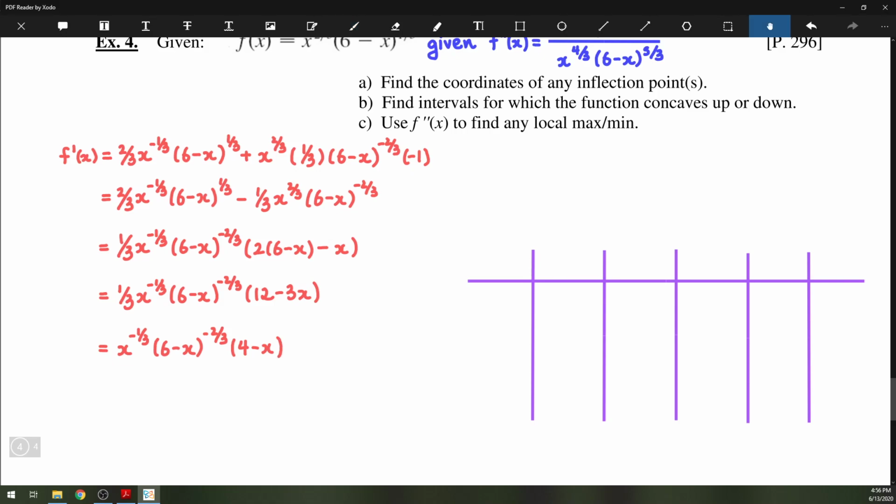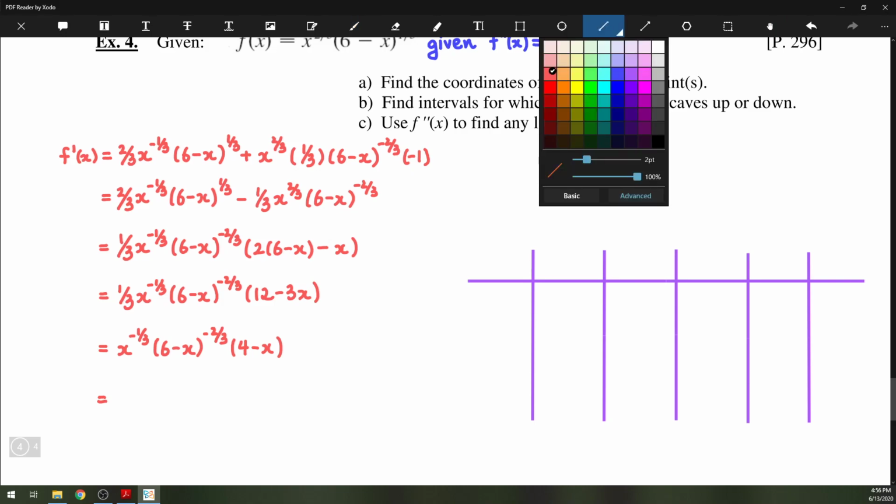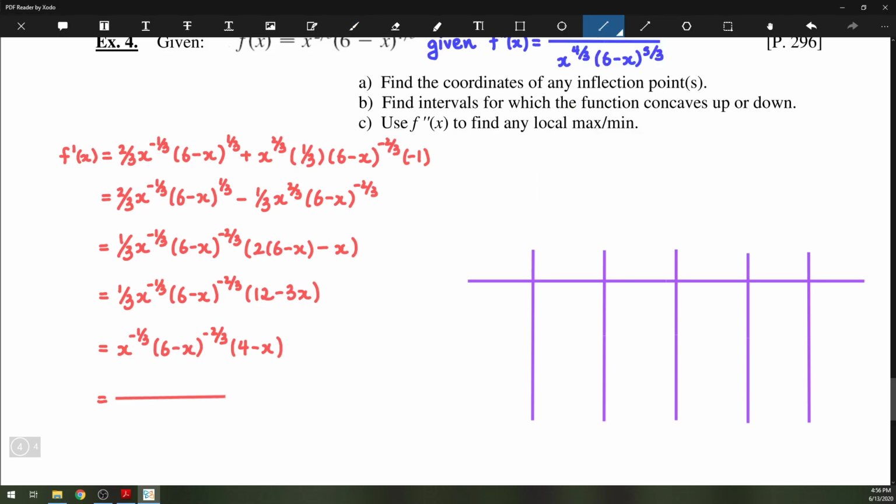Okay, now generally we can write a derivative like this with no negative exponent, so we'll be doing that here. And so we have 4 minus x in the numerator, and then x to the 1/3 power, and then 6 minus x to the 2/3 power in the denominator.